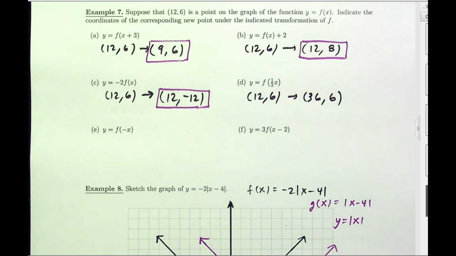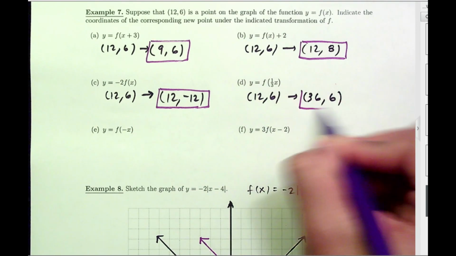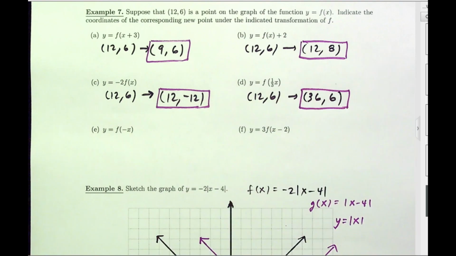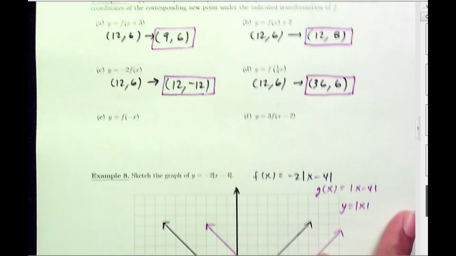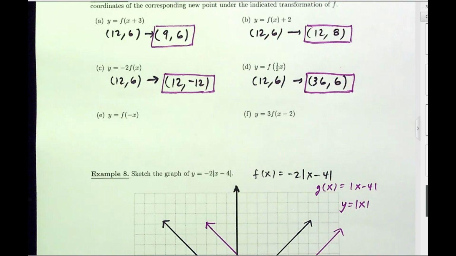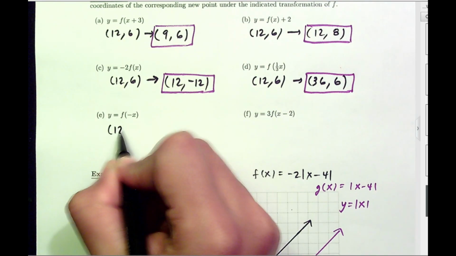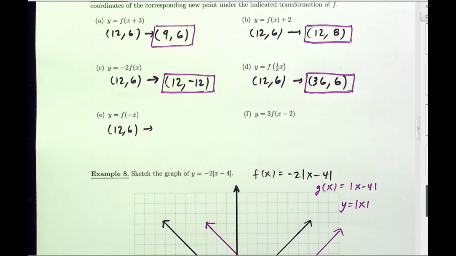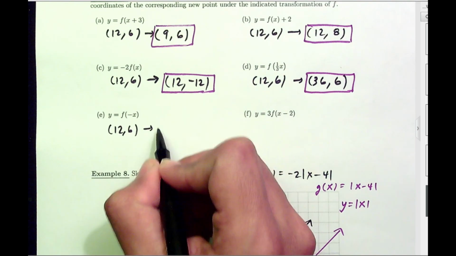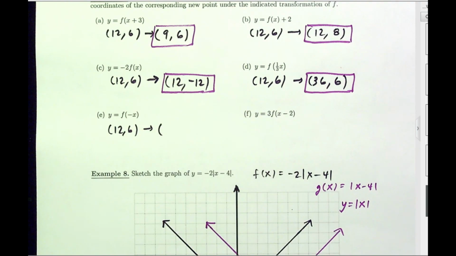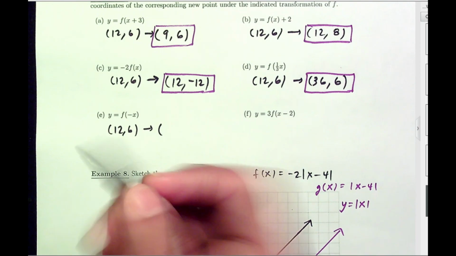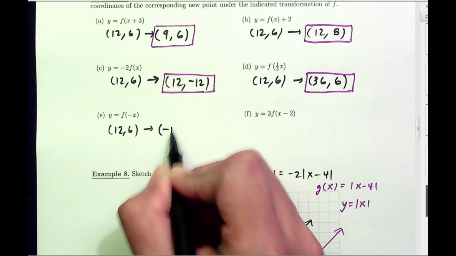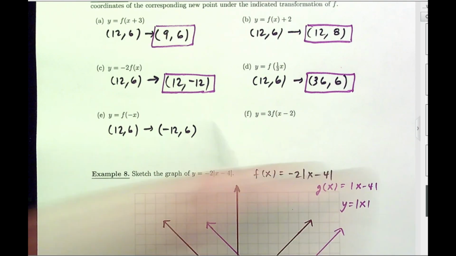Okay? All right. Now this one. This one has a negative sign inside. Inside means only the x coordinate gets affected because it's a horizontal transformation, and so this becomes -12, 6.